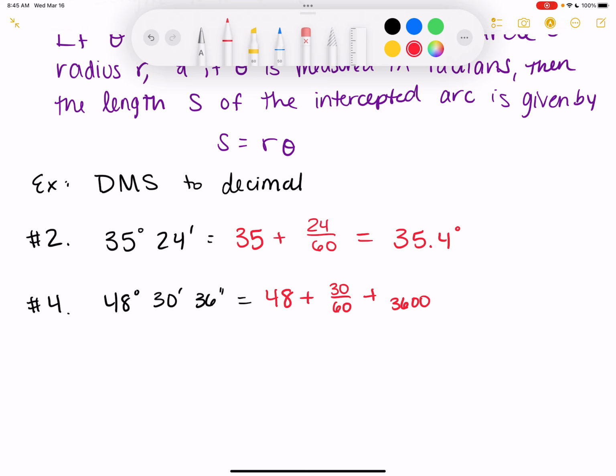So you can always just know that that's the conversion if you have seconds and you're trying to go to degrees. So then you'd have 36 over 3,600, and then you just add those things together. If you are doing it on your calculator and doing the whole thing at once, make sure you use parentheses. 48.51 degrees.